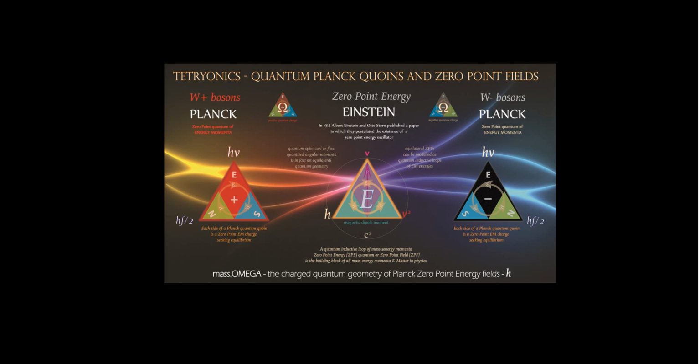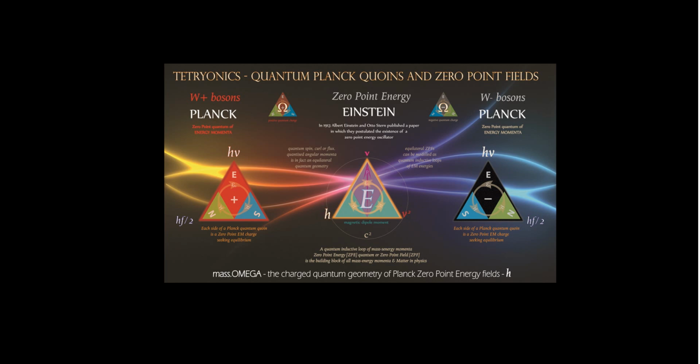Planck wrote his formulation as E equals n h nu, and that's just a generic way of saying it is some number. It's not a specific number, it's some number. Turns out that the specific equation he should have used was E equals h nu squared.